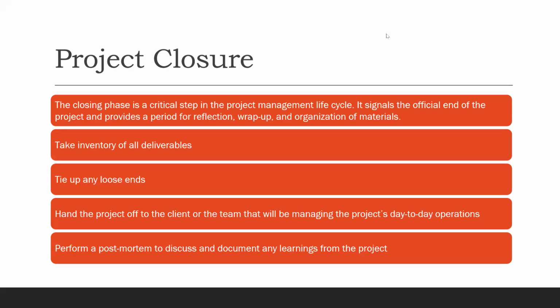Every project must have an exit strategy, and the strategies will differ according to the size of the project. Some strategies will be much smaller than the other. It must always include a workshop or a meeting where you have all the stakeholders around the table and you present results. And you have to take inventory of all deliverables.